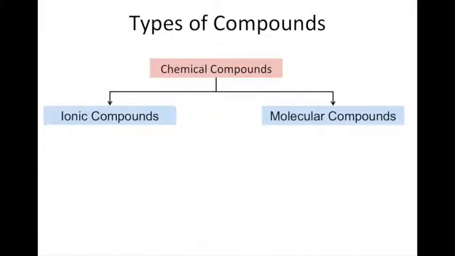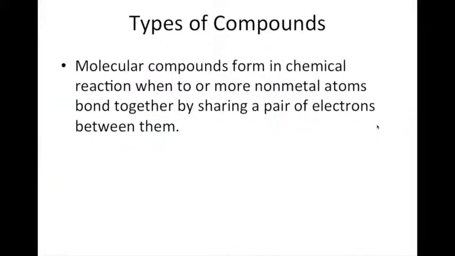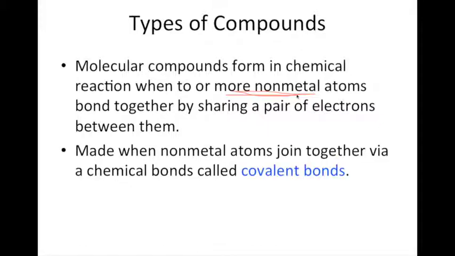So let's talk a little bit about molecular compounds. Molecular compounds form in chemical reactions when 2 or more nonmetals bond together by sharing electrons between them. Molecular compounds are made when nonmetal atoms join via a chemical bond called a covalent bond.